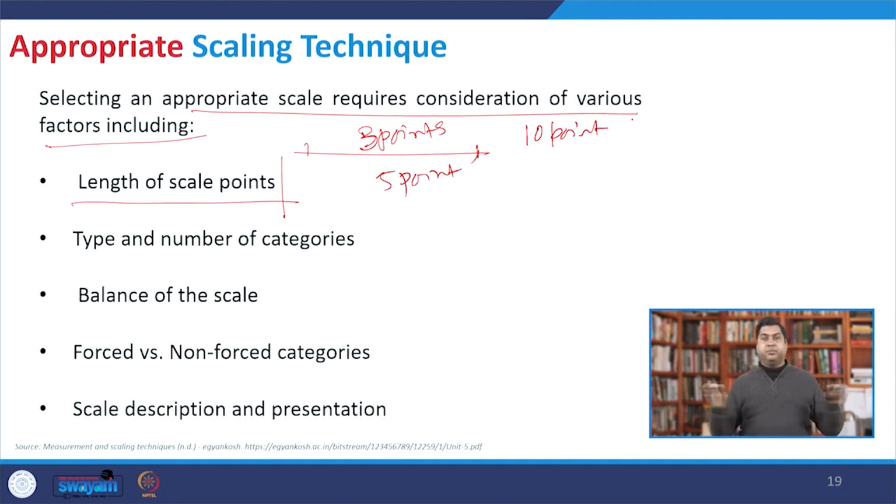Whenever you increase the scale and give intermediate values, research says there will be some kind of impact. Within 5 points it is most convenient because people can differentiate very easily. But if it is a higher value, then it will be difficult.